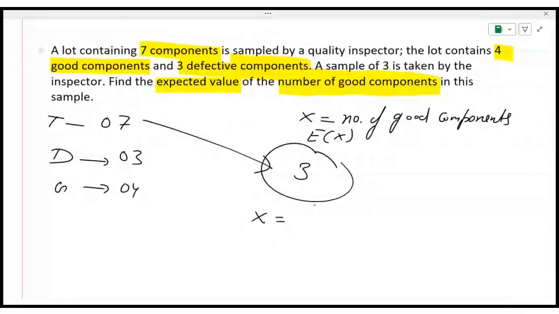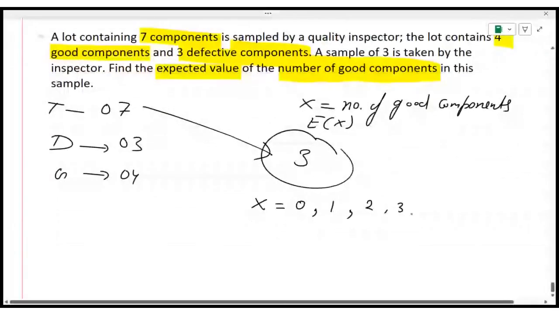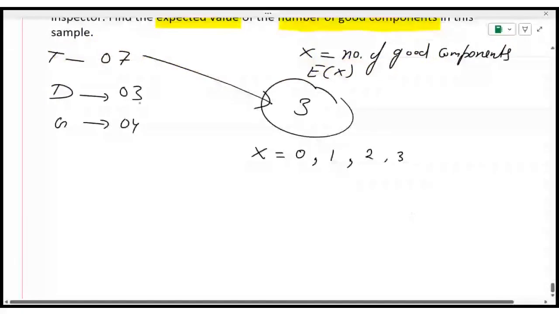Either there will be no good component, which means all 3 are defective, so x can be 0. Or of the 3, 1 is a good component and 2 are bad, so 1 good component. Either we can have 2 good components or all 3 as good. Now we will find probabilities for the different values.